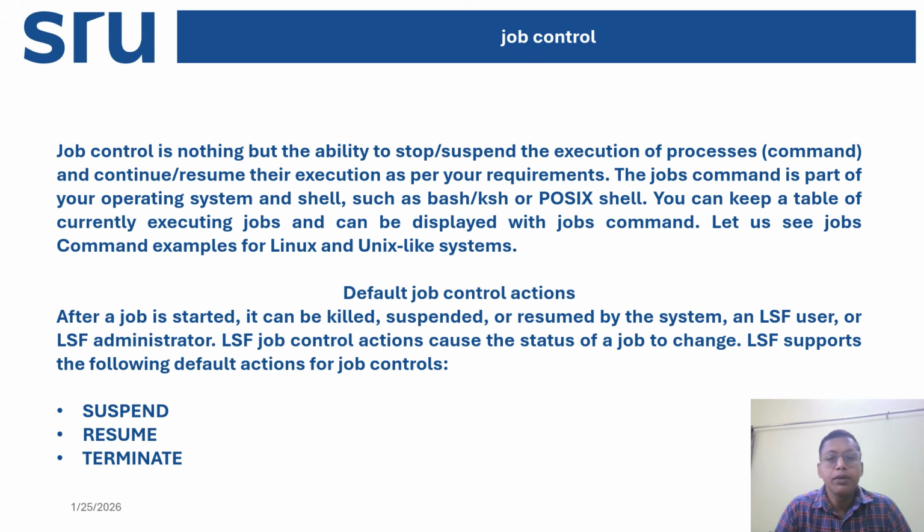Next one is job control. Here, job control is nothing but the ability to stop or suspend the execution of a process and continue or resume its execution as per the requirements. So here, you know very well, a program under execution is called a process.